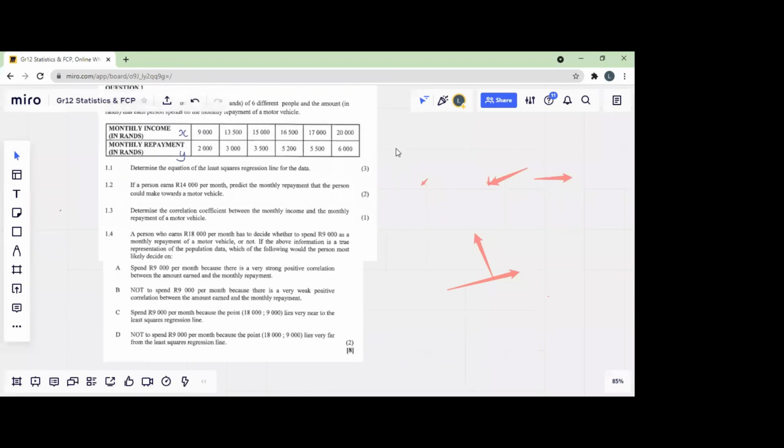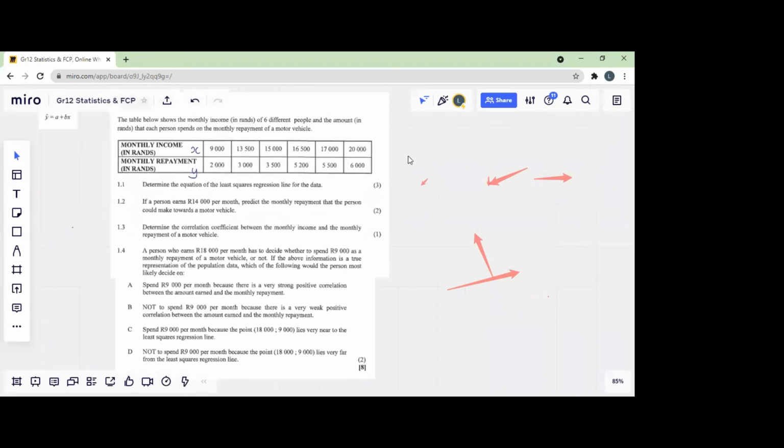But really, what I want you to see, Matrix, is that it's the same sorts of questions that get asked every single time. So make sure that you can work out the equation of the least squares regression line, that you can work out what the A and the B are, that you can substitute in, and that you know what the correlation coefficient is.